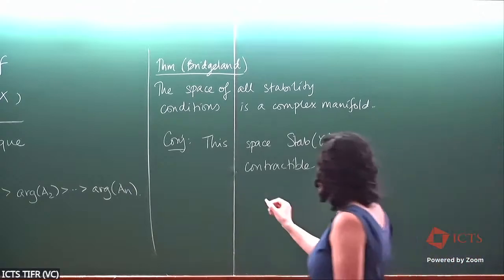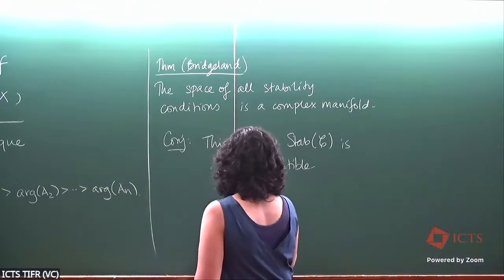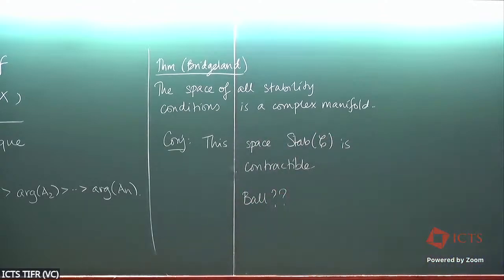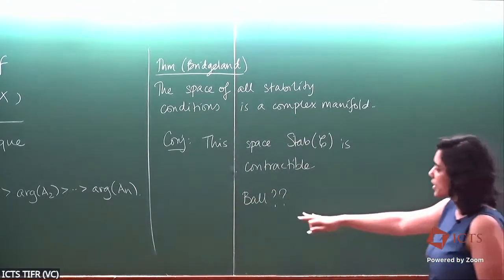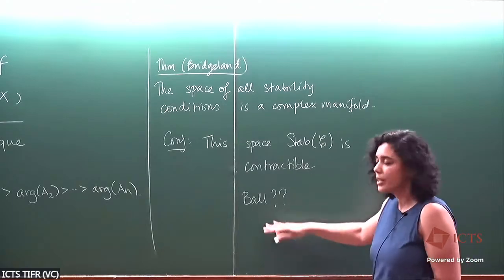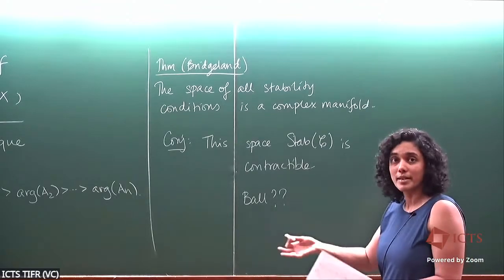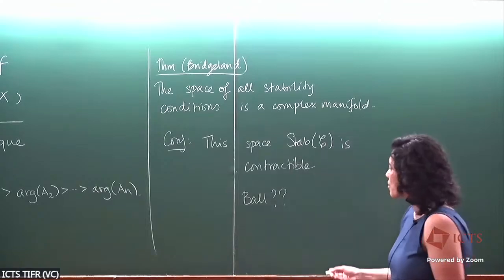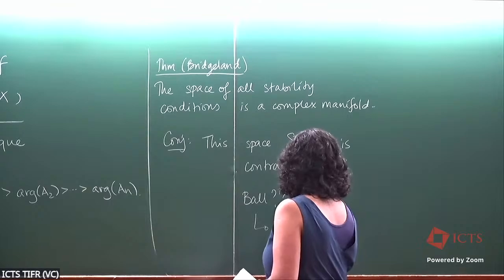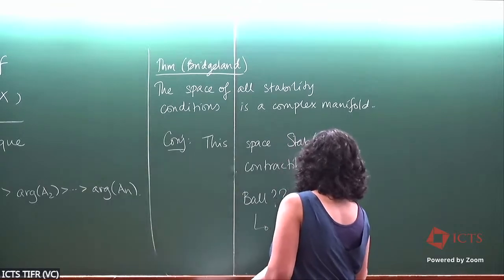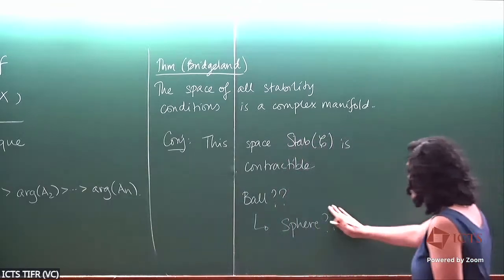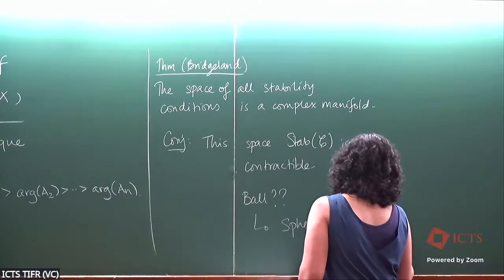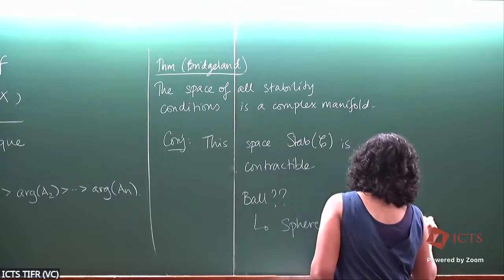Then you might ask, if it's contractible, is it a ball? We did some prior work which indicates that in some cases it is a ball. And then you might ask, what about its boundary? If you compactify this thing, do you get some nice boundary? This leads us to a sphere on the boundary, and this is more than just an analogy.